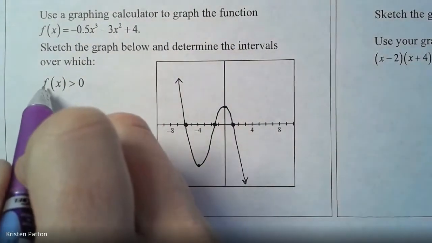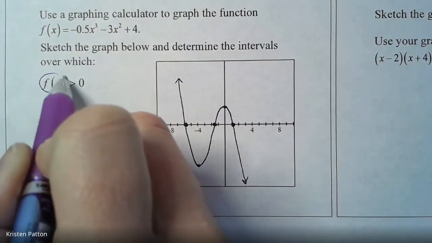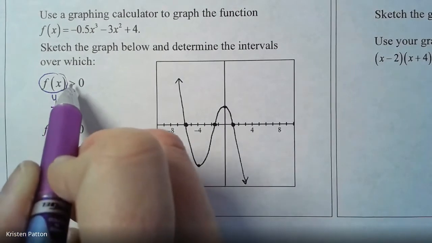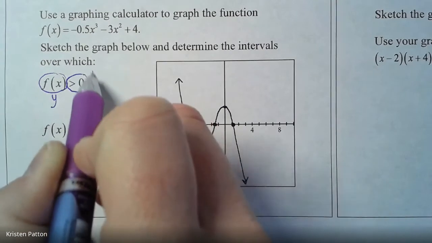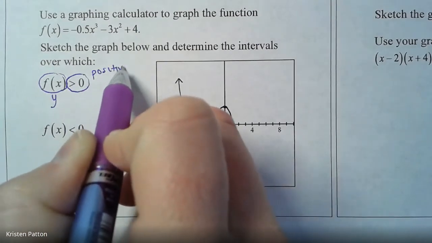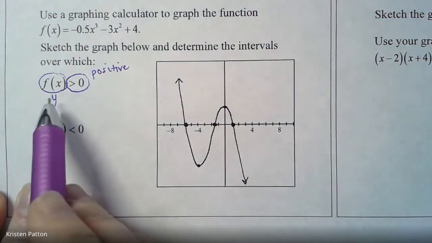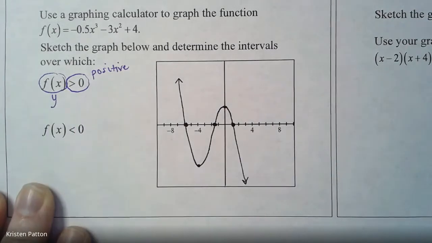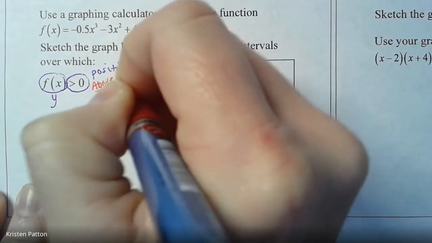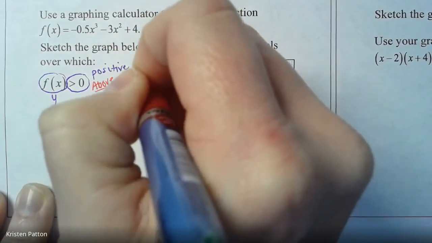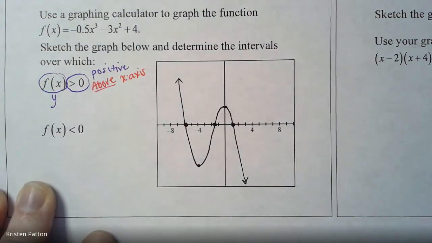They want to know where f of x, remember f of x means y, is greater than 0, and greater than 0 means positive. So they really want to know, when is y positive? Well, another way to ask that is, where is the graph above the x-axis? It's the same question we just answered.